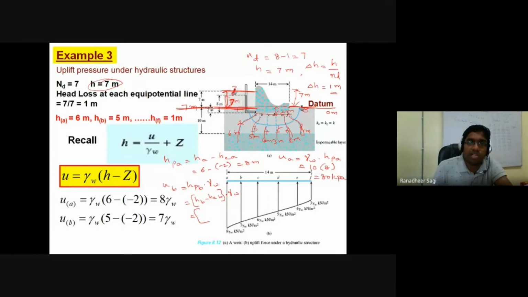Point B is lying on the third equipotential line, which has a total head of 5 meters, minus the elevation head at point B, which is minus 2. So minus of minus becomes plus, into gamma W. That's 7 into gamma W. If gamma W is considered as 10 kilonewton per meter cube, it's simply 70 kilonewton per meter square, the uplift pressure at point B. Likewise, you can calculate at points C, D, E, F.